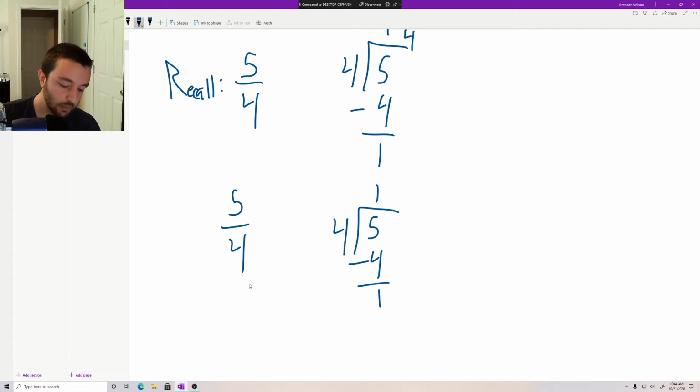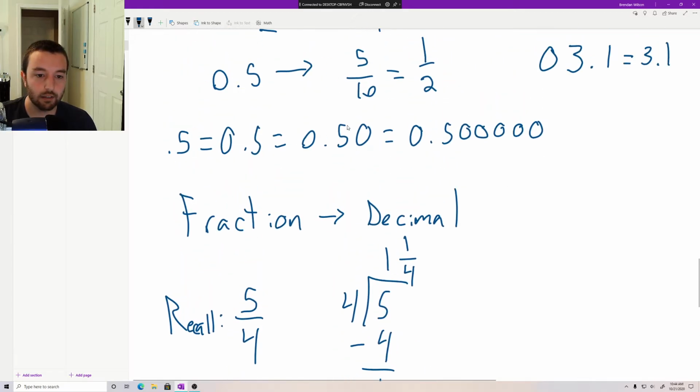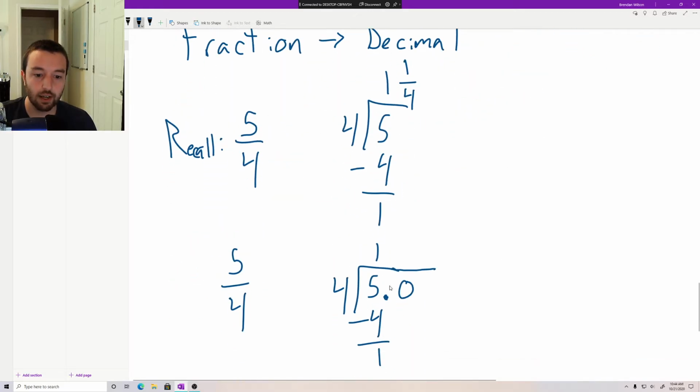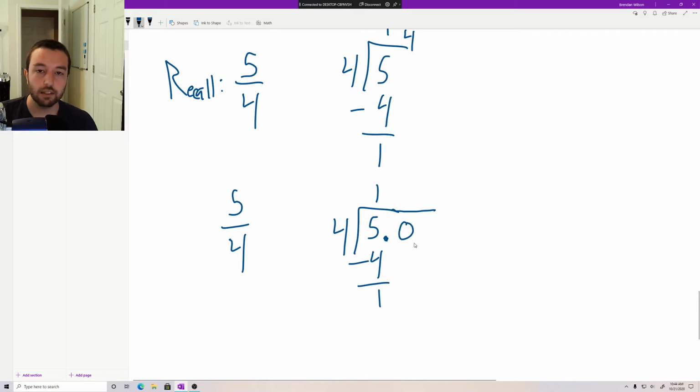So what we do is we add a decimal place onto the 5, and we put a 0 to the right of it. We're allowed to do that because, like I just said up here, these are all the same thing. If we don't have a decimal place, we can just put as many zeros as we want. Right, 5.0, that would be like 5 0/10, which is just 5. So we're not changing what number this is. So we put that there.